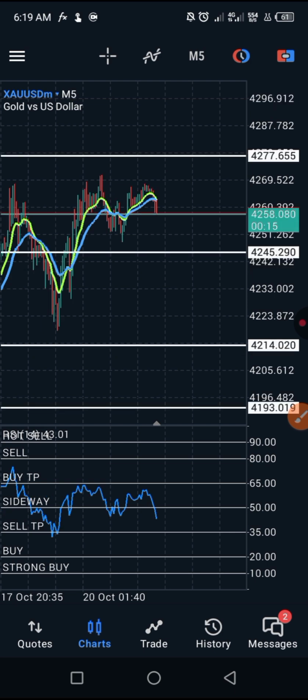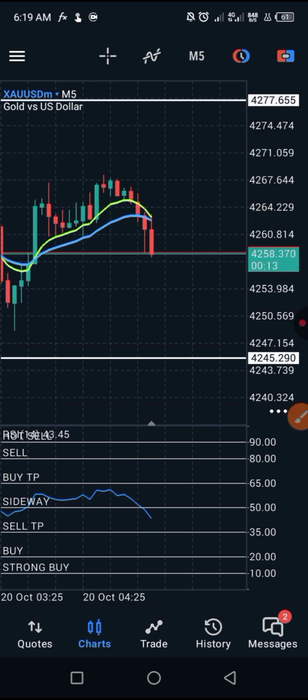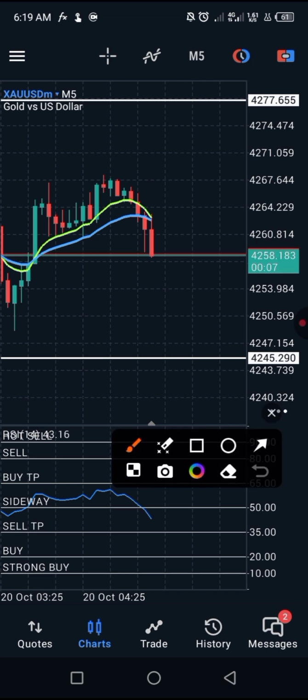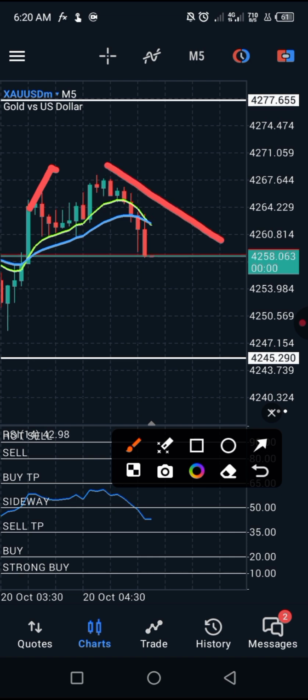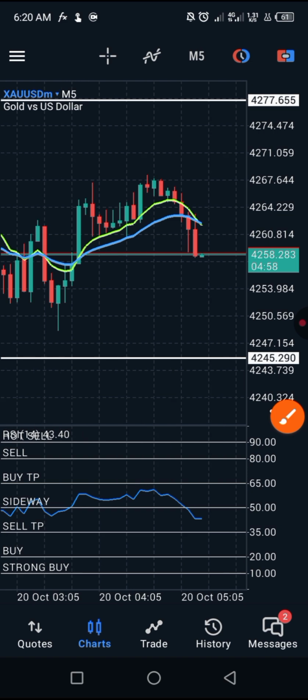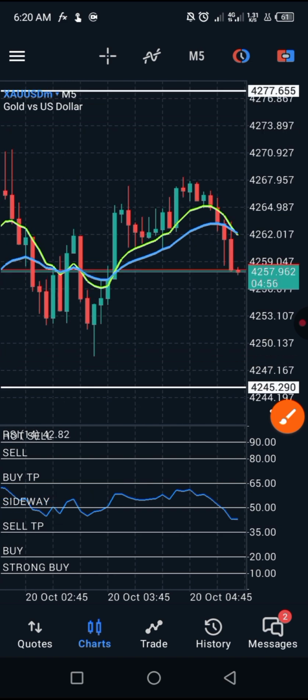In this way, we can tell that price, look at what price is doing. Price got here but couldn't go up further, and price seems to show some level of weakness. But nevertheless, let's not be naive.